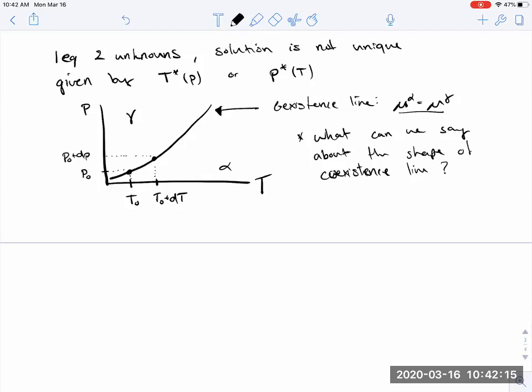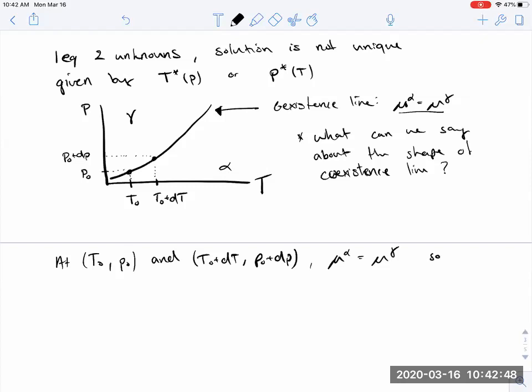If both of those points, T naught, P naught, and T naught plus dT, P naught plus dP, are on the coexistence line, then both are solutions to the equality of the chemical potentials.